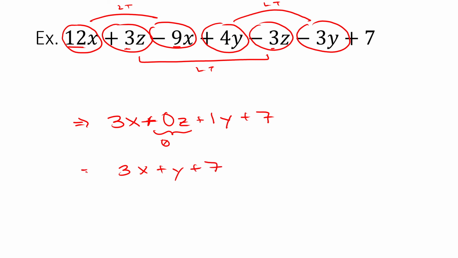So your final answer is supposed to be 3x plus y plus 7. So why this? Why not just leave it as 1y? Because I want you guys to get in the habit that when you see this, you automatically think this, okay? Because if you get used to writing 1y, once you see this, you'll be lost. Like, what's that? Is it 0y? It's 1y, okay?